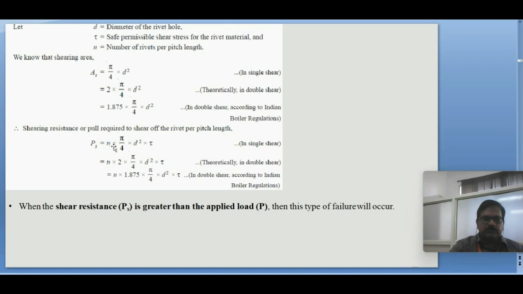In the double shear, theoretically, the earlier one is multiplied by 2, and according to the Boiler's regulation act, it is multiplied with 1.875 instead of 2. So n into 1.875 into π/4 d square into tau, where n is the number of rivets for the pitch length, and 1.875 is the factor for the double shear according to the Boiler's regulation act. π/4 d square is the area of the rivet in single shear, and tau is the allowable shear stress.